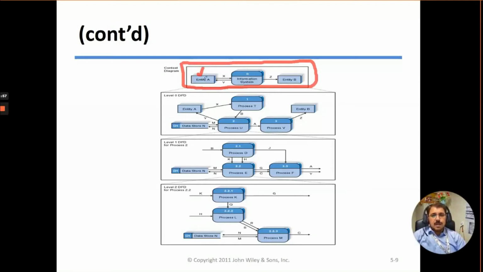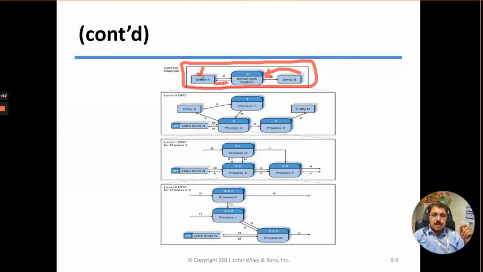A person asks the information system, and the information system gets some information from its database, and on the basis of that database it gives a reply. The person asks something and the system gives. So you can say it is getting information online or getting information from a system.